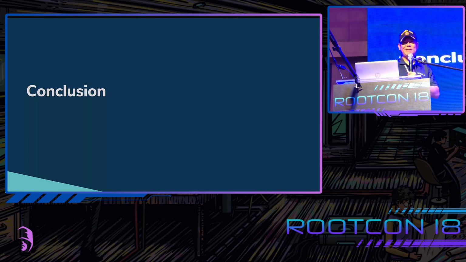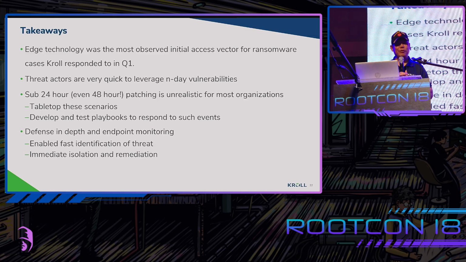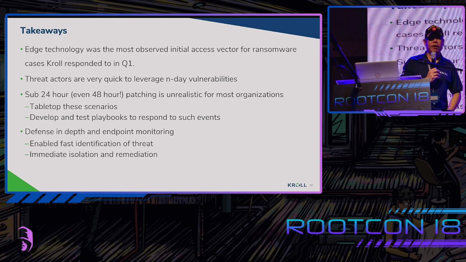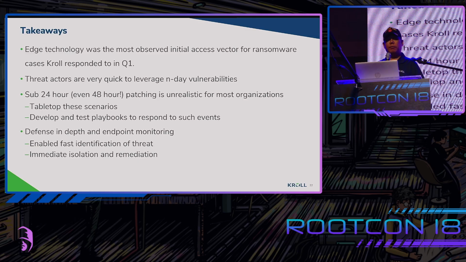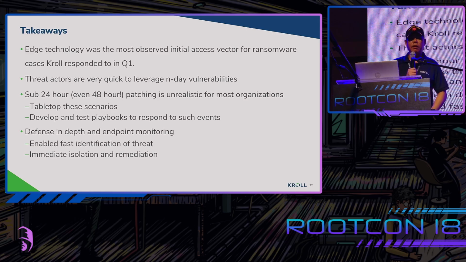So, just right in time for my conclusion. What are the key takeaways? As we have observed in our cyber threat intelligence landscape reports, particularly during the first quarter of this year, edge technology was the most observed initial access vector for ransomware cases.